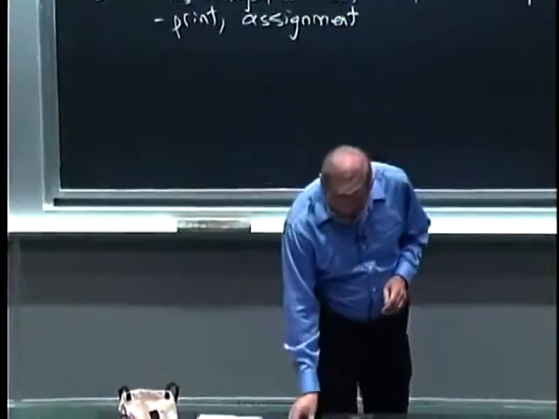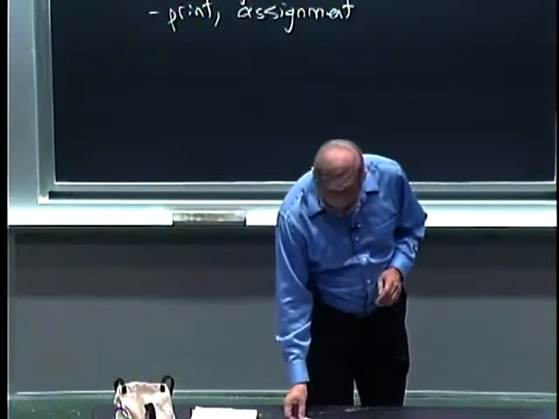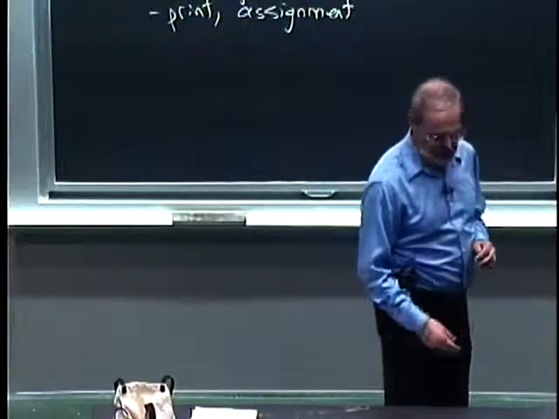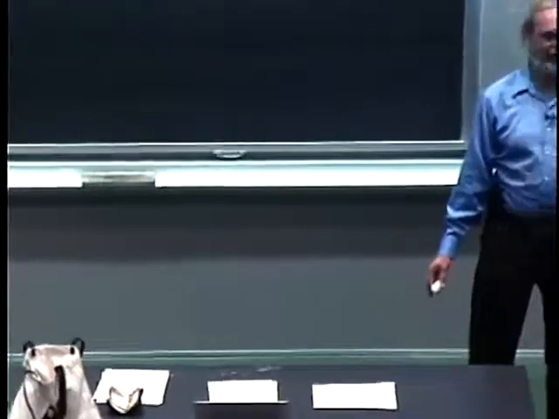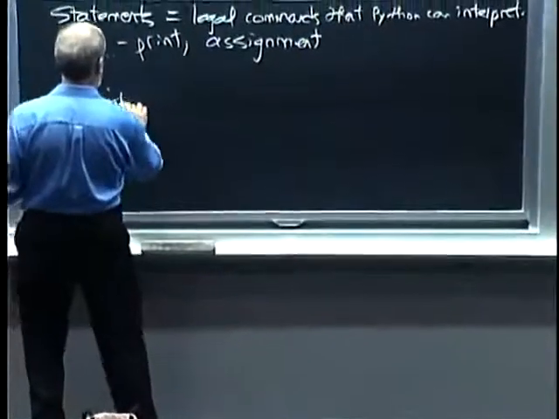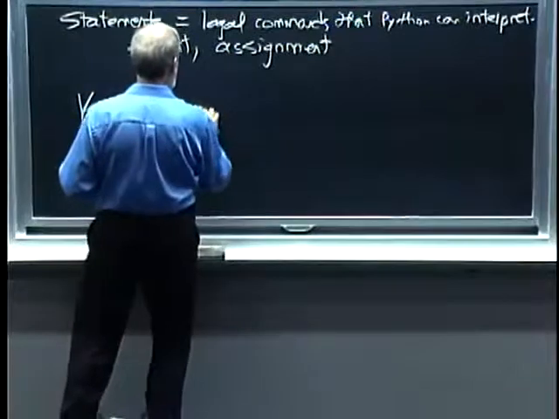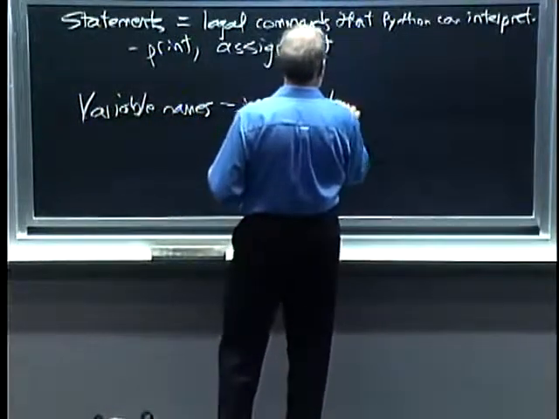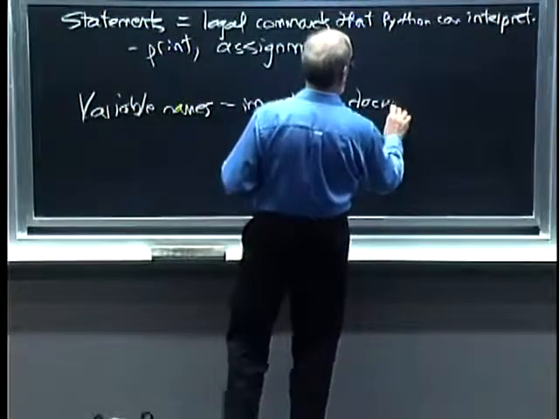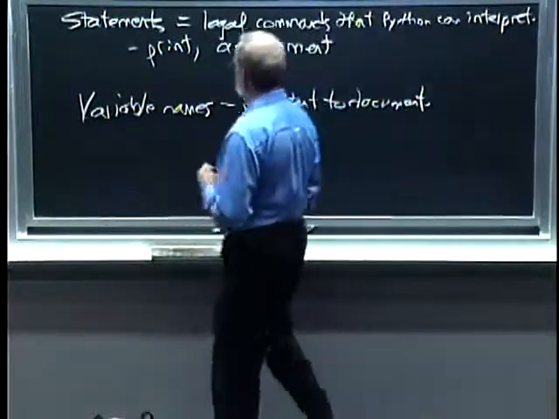The other piece I want to say about variable names is, once I have that choice of variable name, I can use it, but in fact there are a few things that I can't use as variable names. These are an important way of documenting, but there are some things excluded.